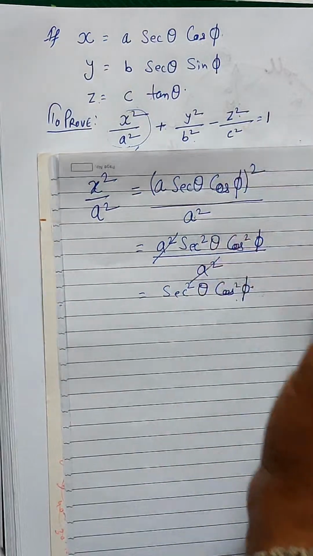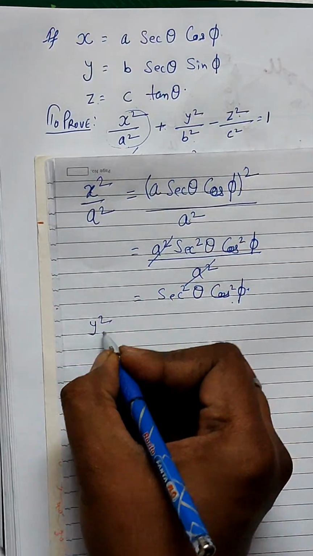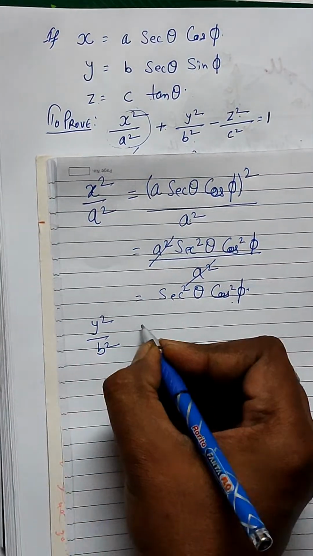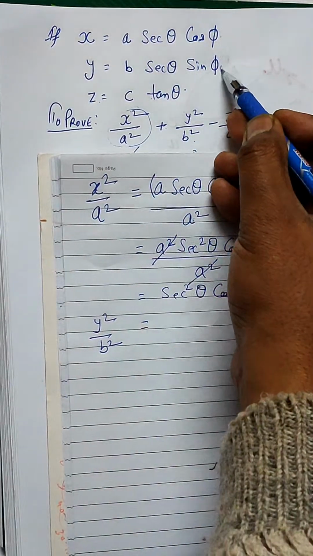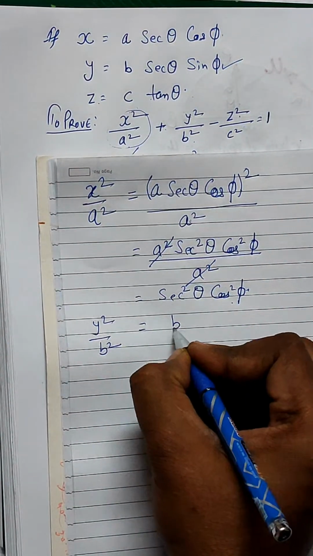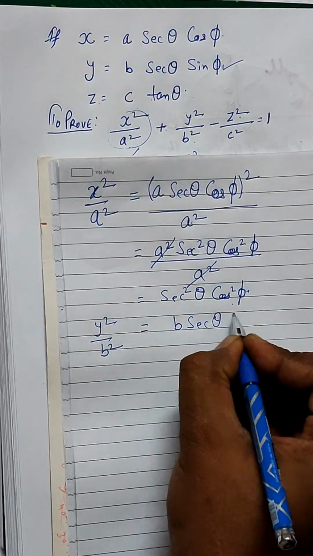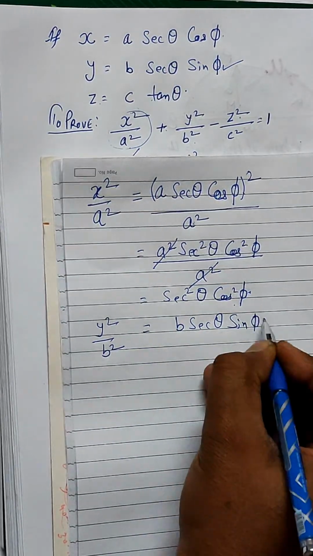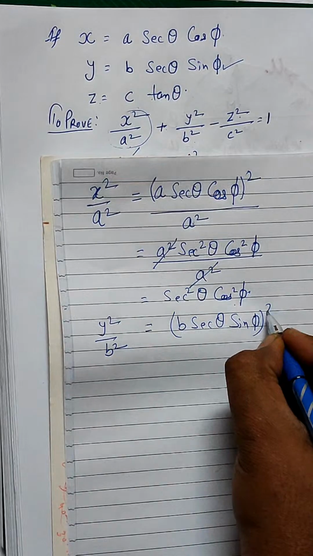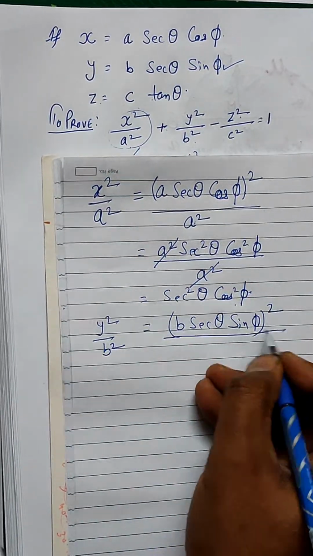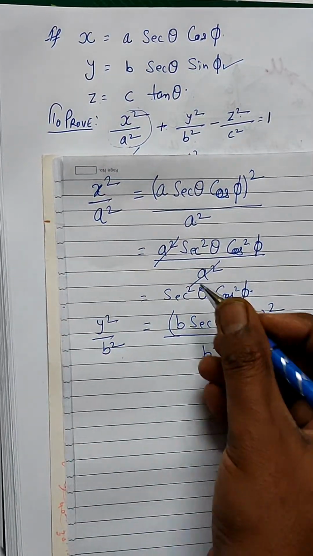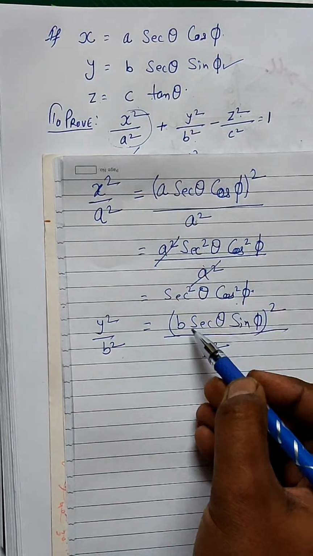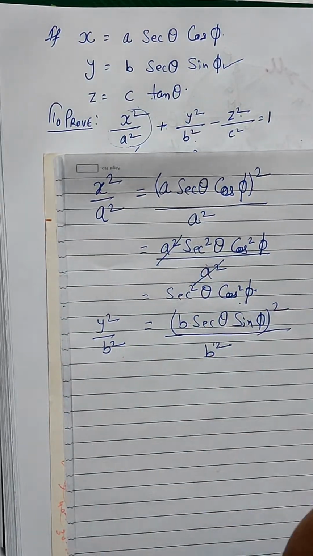Now y square by b square. What is the value of y square by b square? The value of y is b sec theta sin phi. So b sec theta sin phi is kept in the numerator, squared, divided by b square. As we cancelled a square over here, b square will be cancelled here, right?